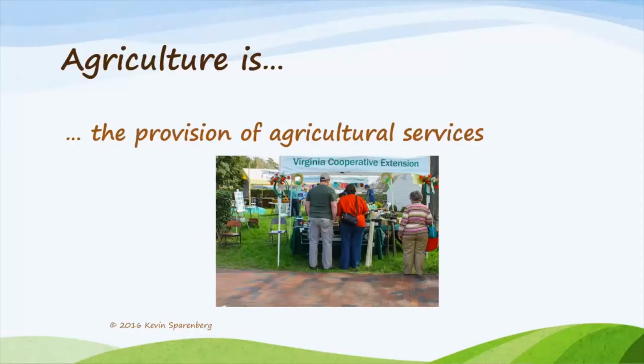Agriculture includes the provision of services such as provided by a veterinarian, financial services of a bank, risk management services provided by insurance, education services provided by university extension, legal services provided by an agricultural attorney, and labor services provided by seasonal workers.